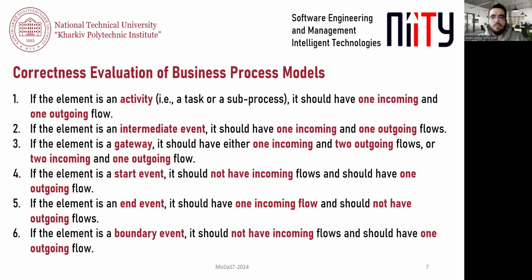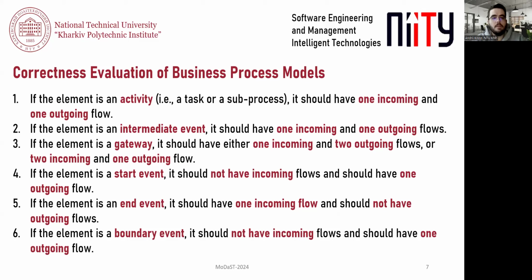Therefore, we propose to check the built graphs from BPMN models and evaluate correctness based on these 6 process modeling rules we introduce. First rule says if the element is activity, such as task or sub-process, it should have one incoming and one outgoing flow.